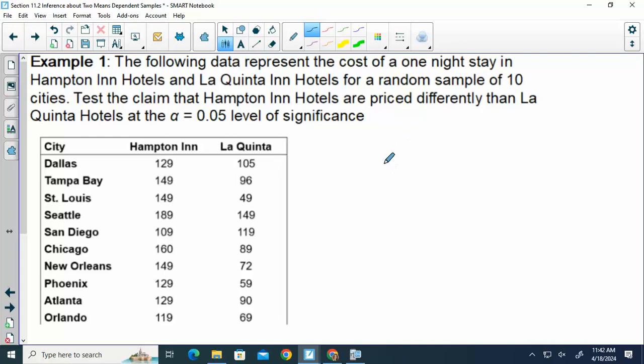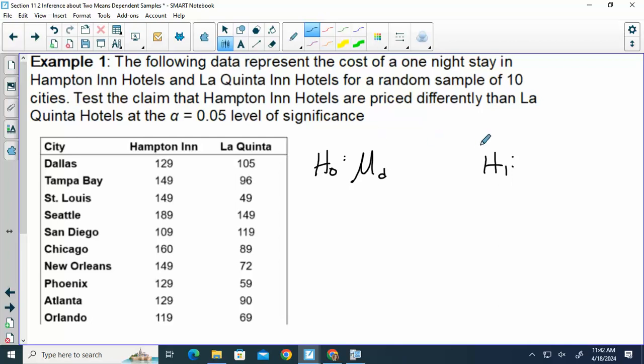Okay, to test this, we need our null and alternative hypothesis. The null, we're looking at the mean of the difference on these. We can do them as two separate sets of data, and we'll talk about that in the next section, but this one is just easier since they're related.